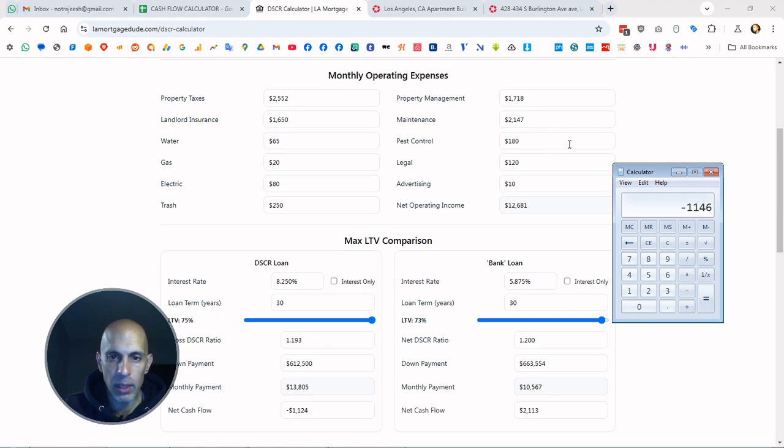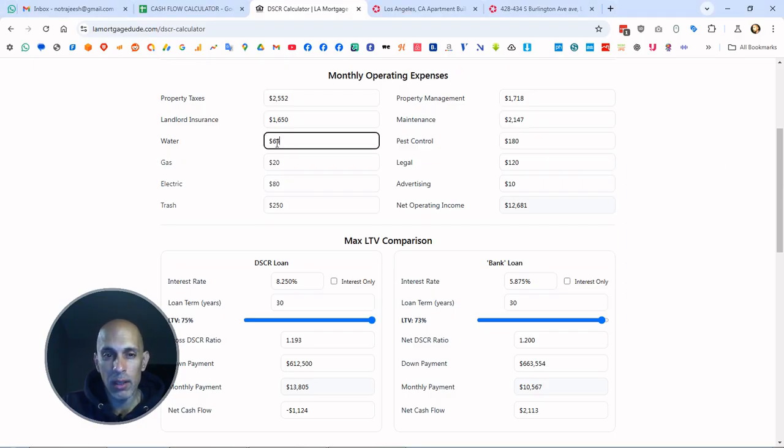So we need to spend $1,100 more per month. Let's say if I were to increase gas to maybe 200, 200, 200, that reduced it a little bit, maybe 300 there on legal. That's probably looking more correct.